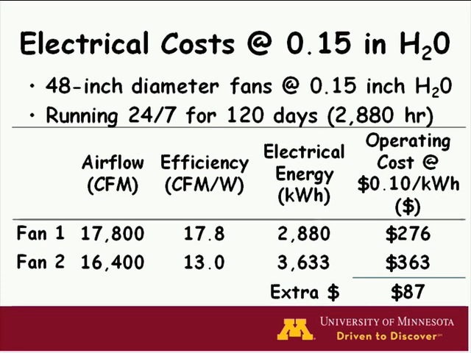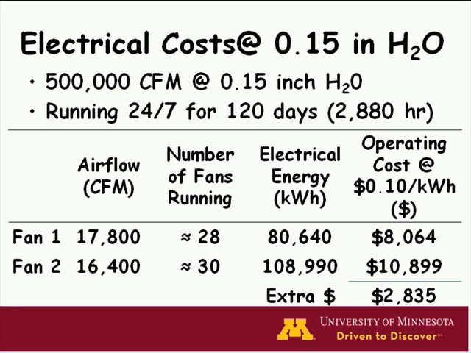Now, if we do the same thing again that Hongwei talked about, as we increase the static pressure, that's going to lower the flow rate, and it's going to lower the fan efficiency. Comparing fan 1 and fan 2, I'm going to spend about $87 less with fan 1 in 120 days. And when I need to move the 5,000 CFM at this higher static pressure, I now need to run 28 fans with fan 1 and 30 fans with fan 2.